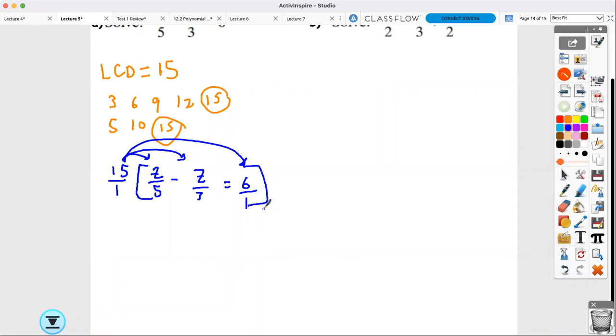All right. So I'm going to go ahead and multiply the first fraction. 15 times Z, the top with the top, 15 times Z is just 15Z. For the bottom, it is 1 times 5, which is 5. Everyone agree with the first fraction multiplied?